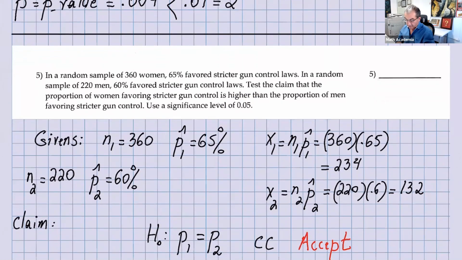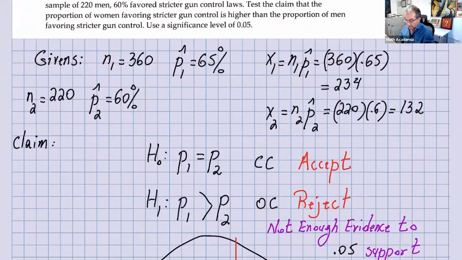Now the givens are N1 360 and P hat 1 65%, N2 220 and P hat 2 60%. When X's are not given right away, find the X's. So X1 is 360 times 0.65, that's 234, and X2 is 220 times 0.6, which is 132. Let's write the claim.